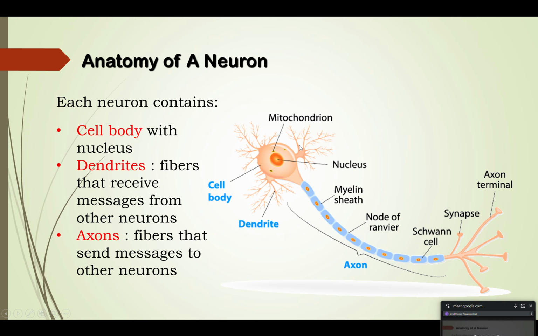Arising from the cell body, you have these dendrites, which are tiny projections arising from the cell body. You can see the dendrites there, the fibers that receive messages from other neurons. See it here, see it here. You also see it here as well. And then axons, that's the fiber that sends messages to other neurons. This is the axon here. As you move away from the cell body, you go straight down.